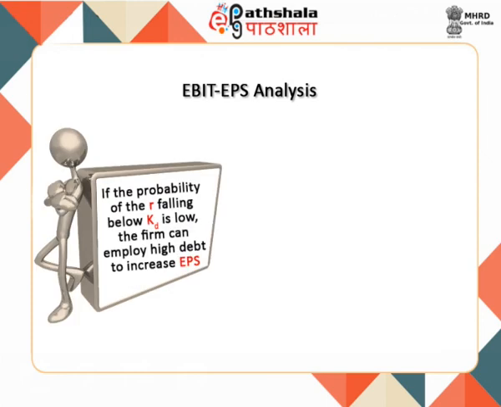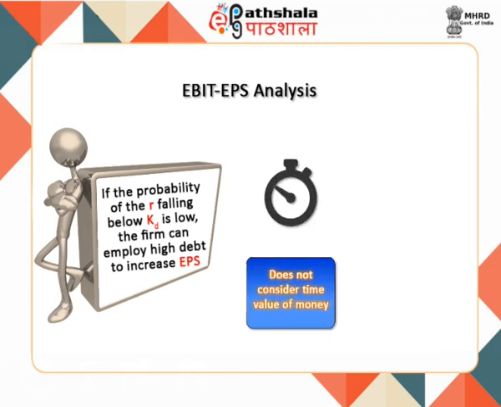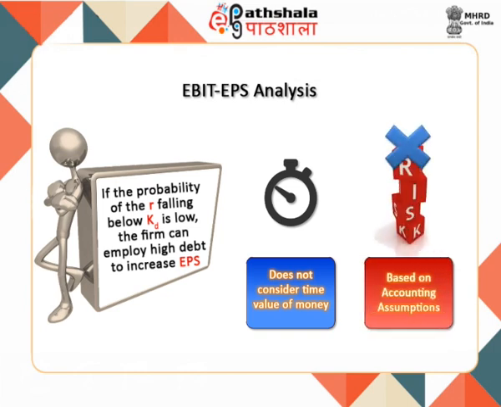If the probability of the rate of return falling below the cost of debt is low, the firm can employ high debt to increase EPS and vice versa. However, this approach does not consider the time value of money, ignores the risk component, and does not reflect the economic profits.